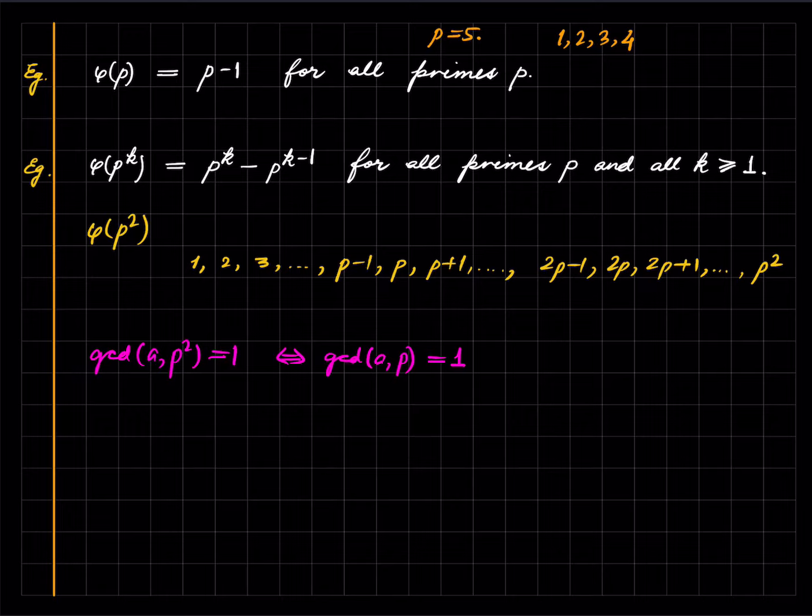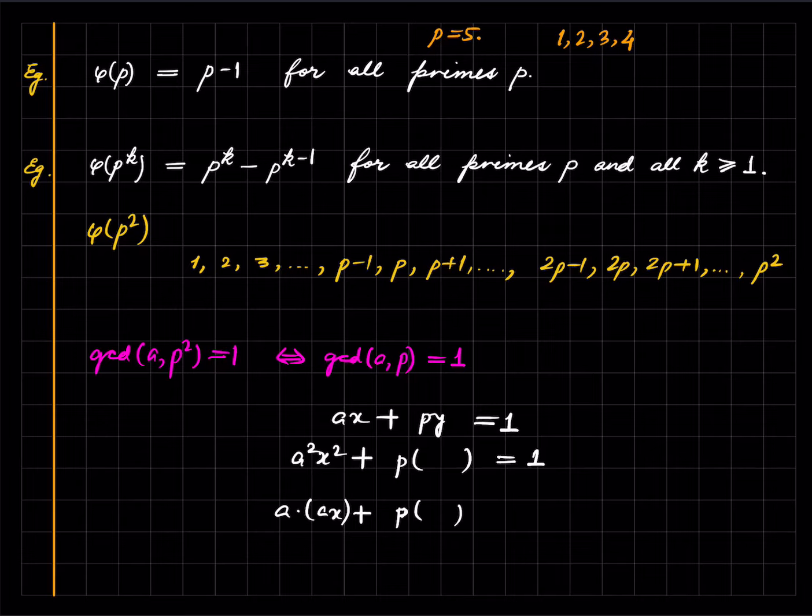Because suppose the GCD of a and p is 1 and you want to conclude that the GCD with p square is 1, you can use Euclid's theorem, for instance, because what you'll get is ax plus py equals 1 for some integers x and y, and then you square both the sides, then you get a square x square plus some integer times p equals 1. So I hope you see that, which can be written as a times ax plus p times some integer, who cares what that is, equals 1.